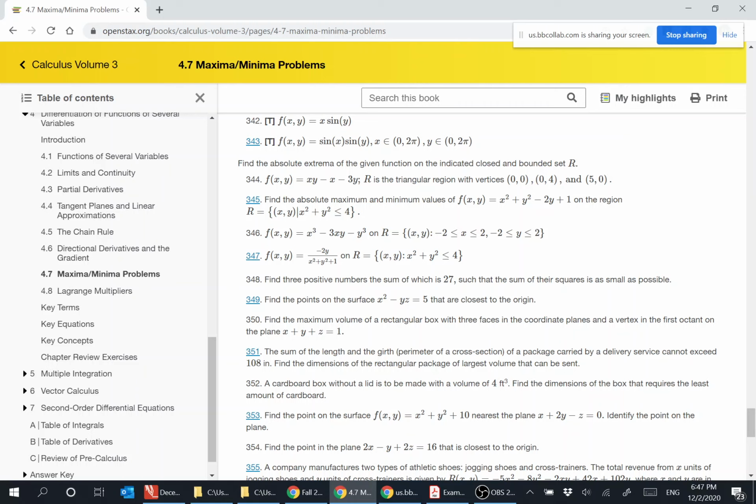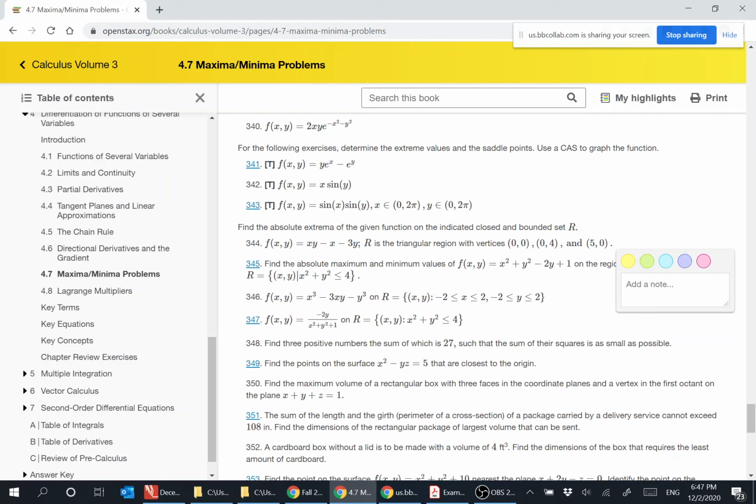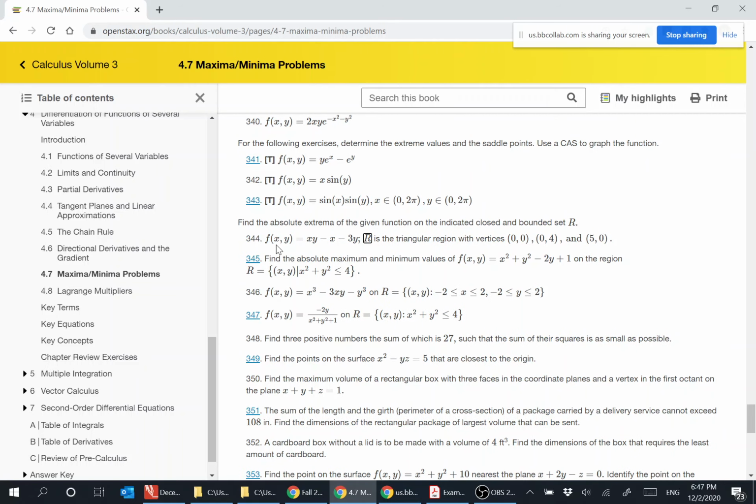Let's not do that one. How about, this is another one on the disk. Okay, 344 looks like a good one to consider. So we've got f(x,y) is xy minus x minus 3y.